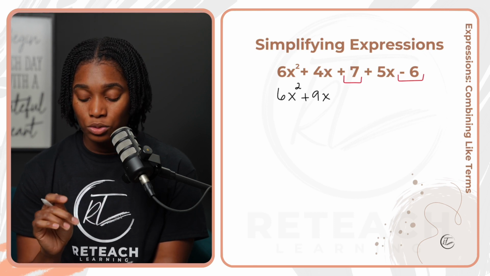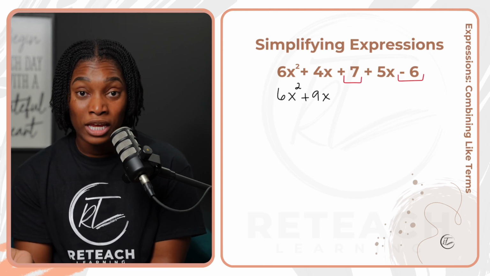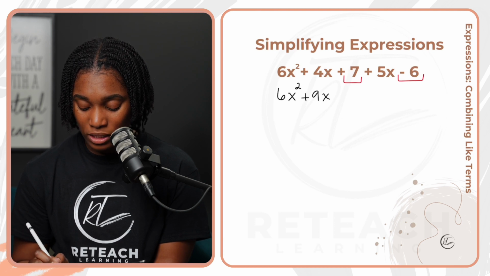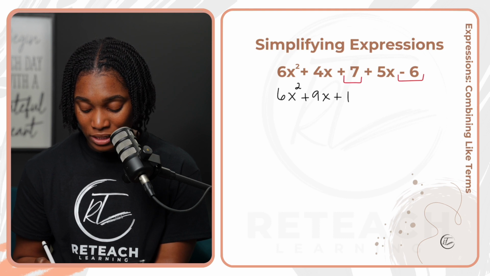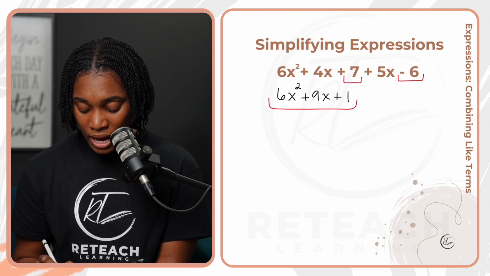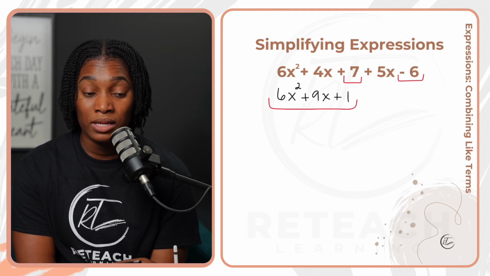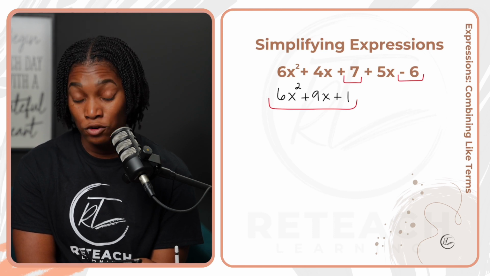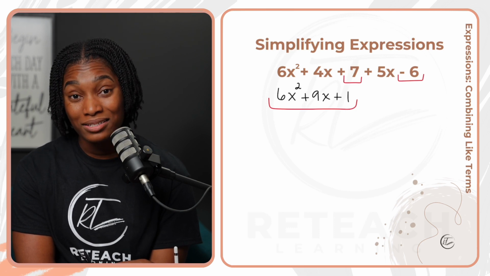So 7 minus 6 is literally just 7 take away 6, which is just going to give you 1, specifically a positive 1. And so this is our final answer, right? I have more terms, but it's simpler than where I started off. And if you look at it, I have no more like terms, so I can't combine anything else. And so I'm done. I'm all done.